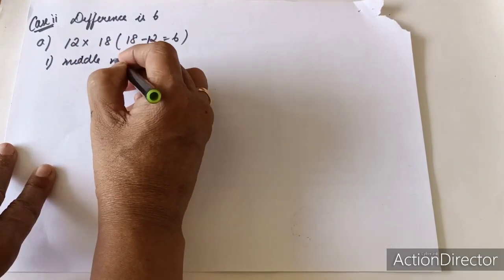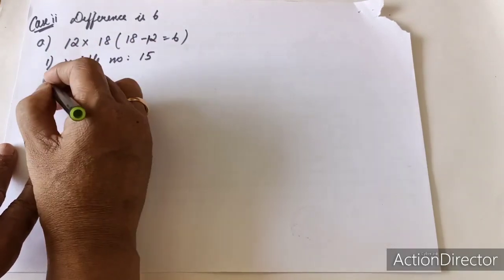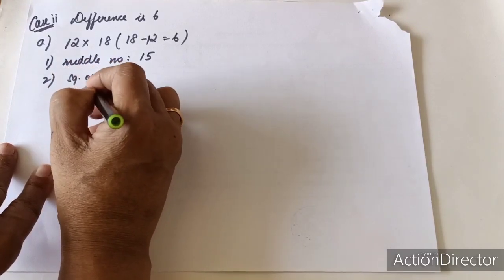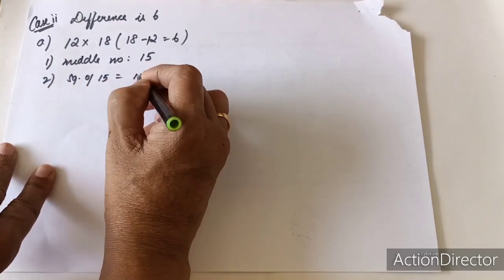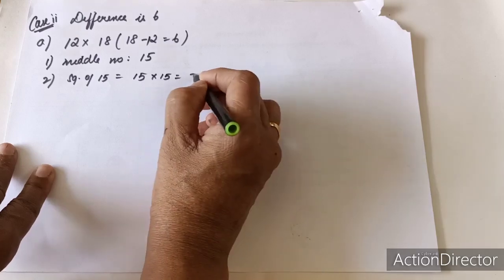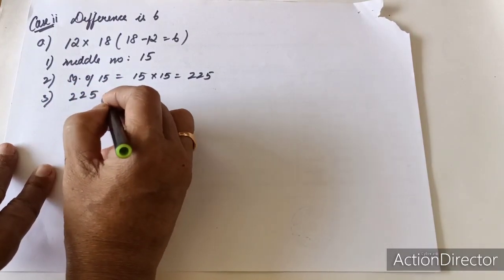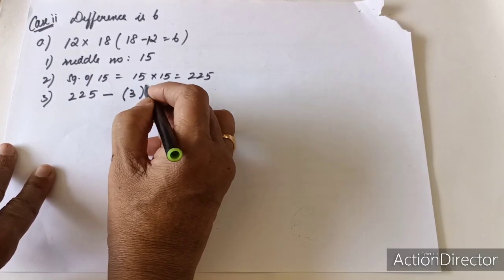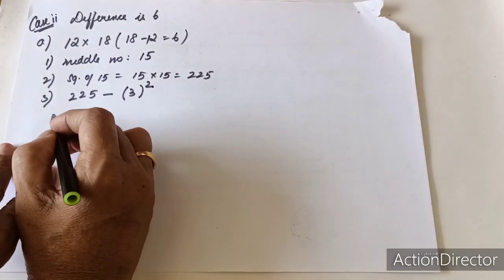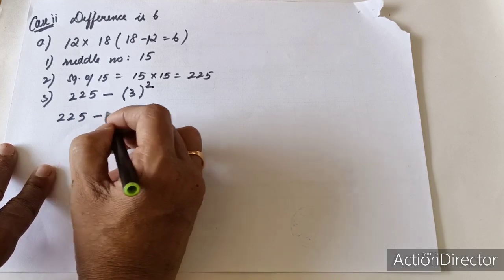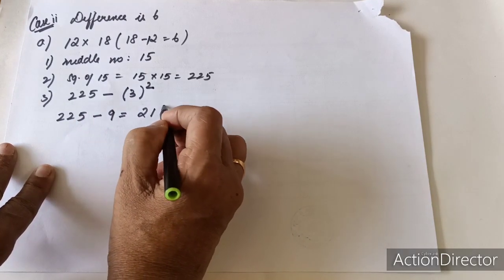Middle number is 15. Step 2, square of 15, which is equal to 15 multiplied by 15 is 225. And step 3 will be 225 minus, here we have to subtract 3 square. So which is equal to 225 minus 9 will be equal to 216.